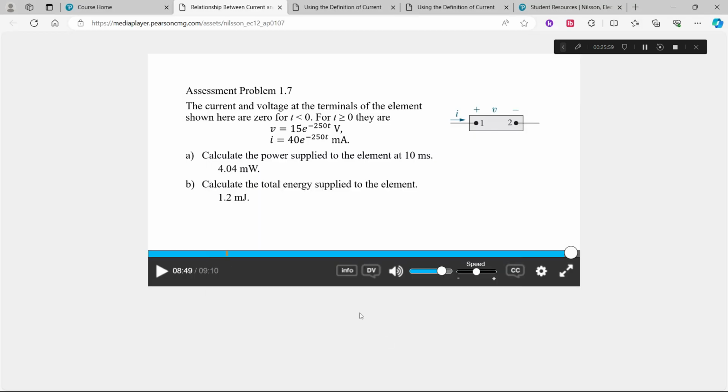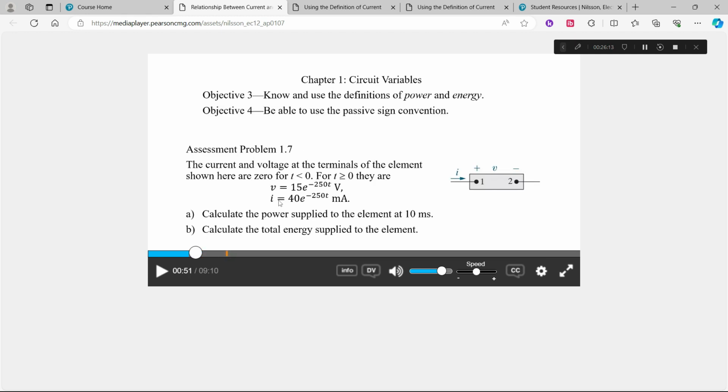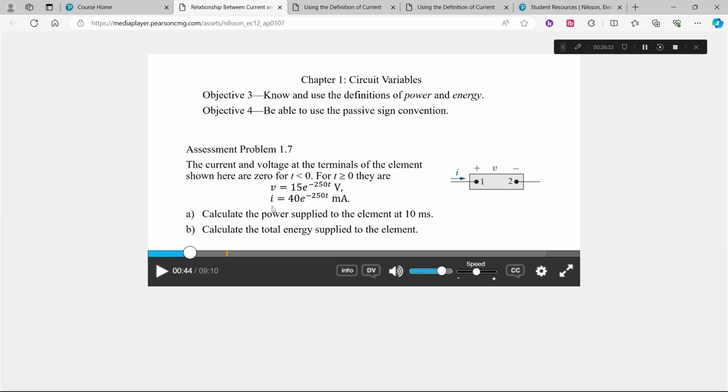Alright, so what we need to do now, first, you can find that if you set your limits, which were given initially, voltage and current, and power is equal to voltage times current, which is going to be our P, power, in this scenario. So we're given voltage and current, right?